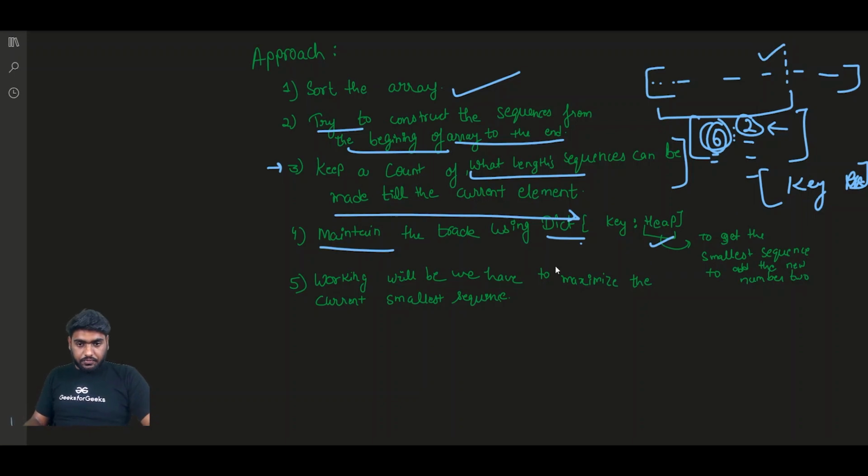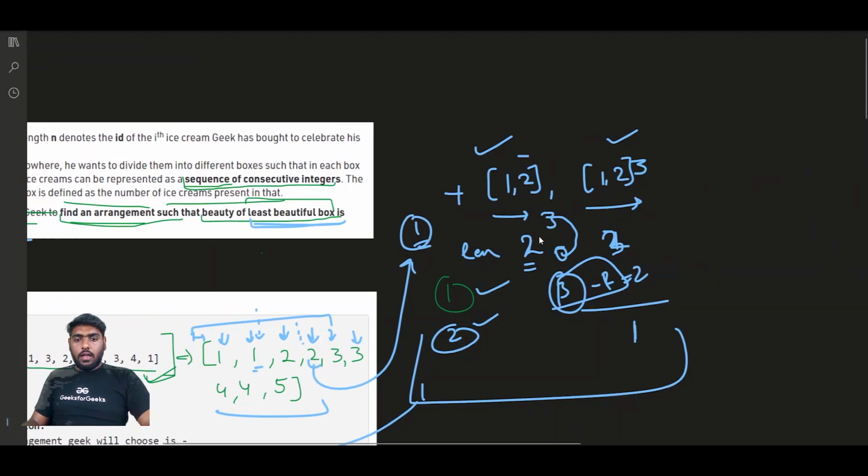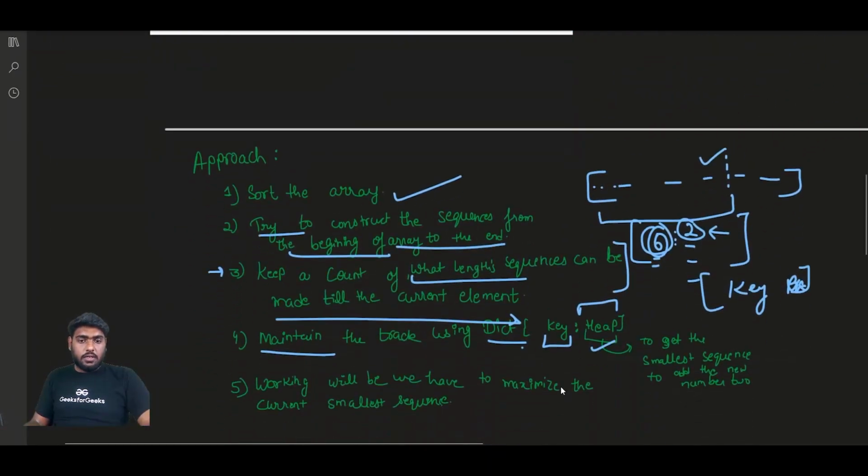This time we'll be having the keys as the values, or you can say the IDs that we have in our array, and on the other side we'll be using a heap, because every time, you might have noticed, we were inserting the new element in the sequence which has a lesser length. Because we have to access the lesser value every next time, instead of finding it out every time, we will use a heap, so that we are using less time.